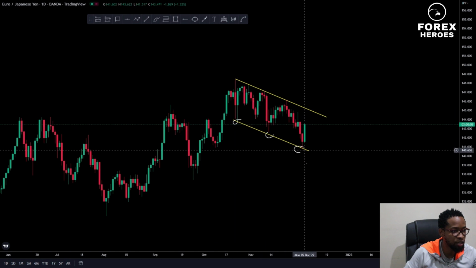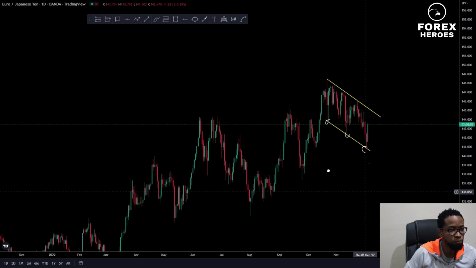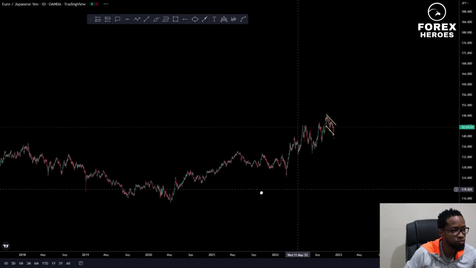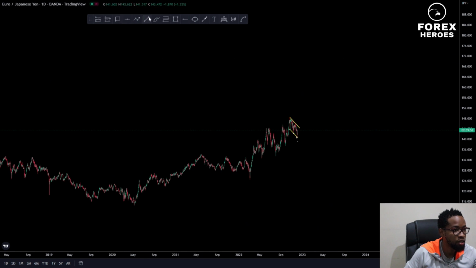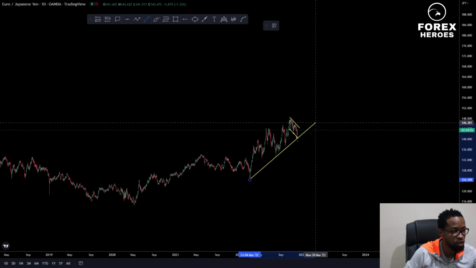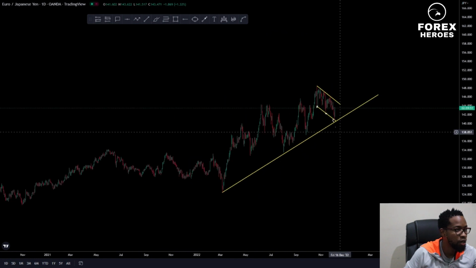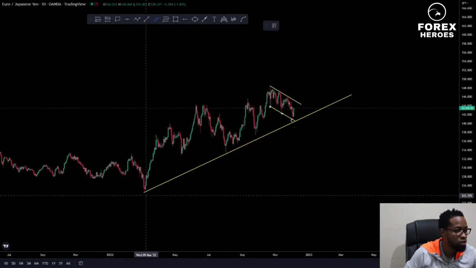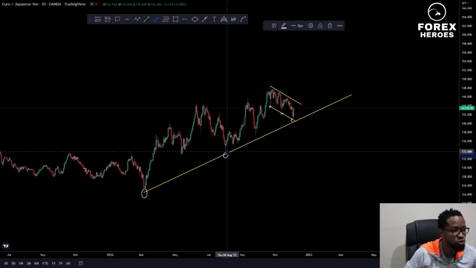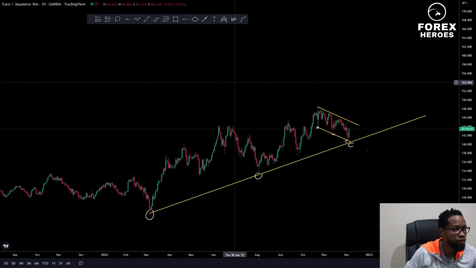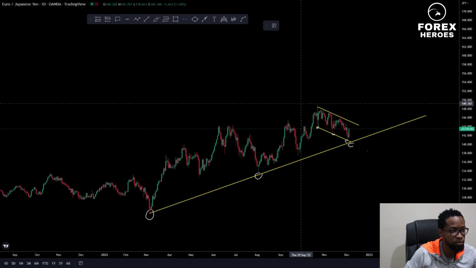We have 1, 2, 3 at the bottom, which is a diagonal support, and we are also having this third touch. So a third touch here, and also 1, 2, 3, you see. So we have a chance of pushing to the upside.